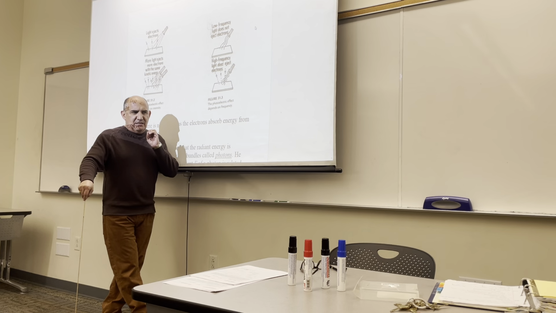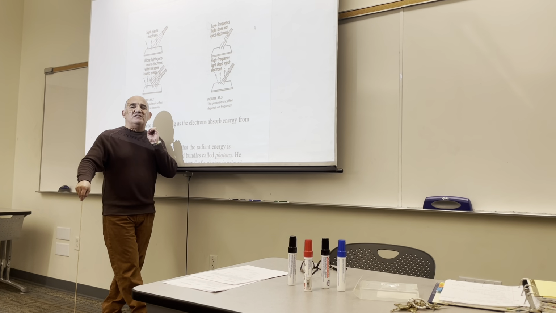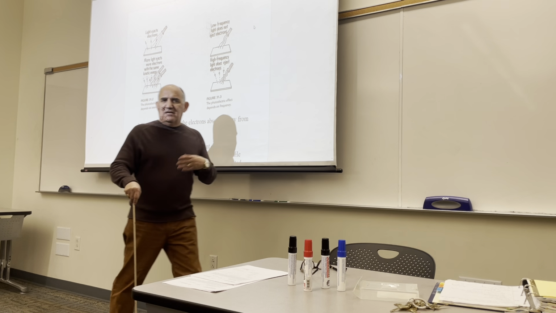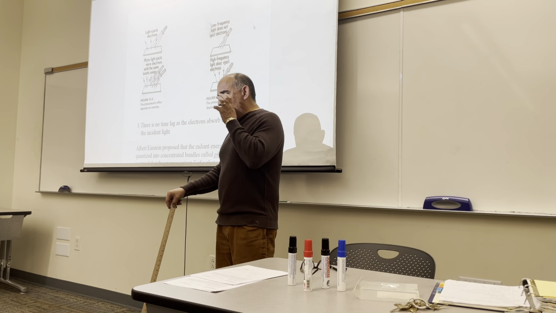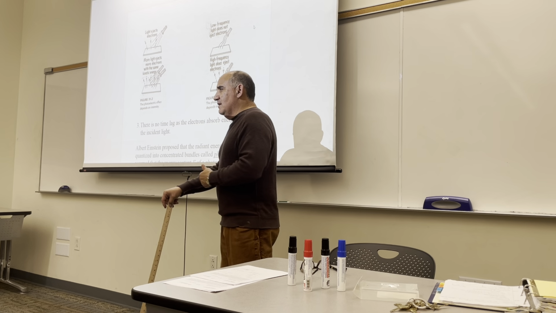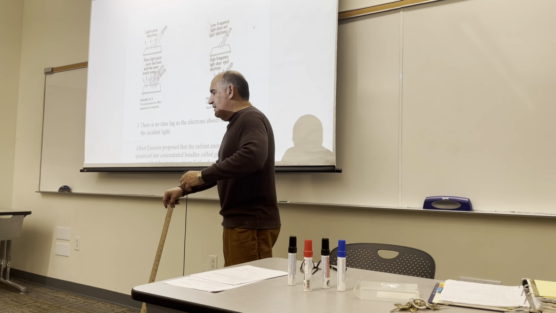So let's keep the same frequency of the light and increase the intensity of the light. Intensity, as you know, is the average energy per unit time per unit area. So people were thinking if we increase the intensity of the light but maintain the same frequency, then we should be able to dump enough energy in there for the electrons to absorb.